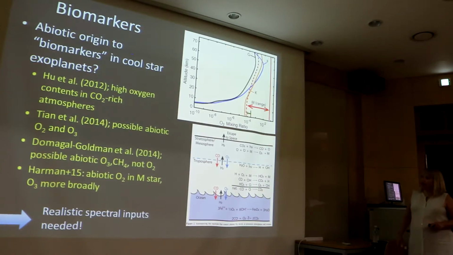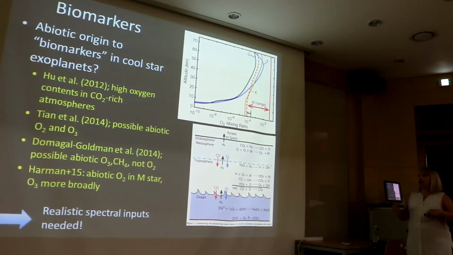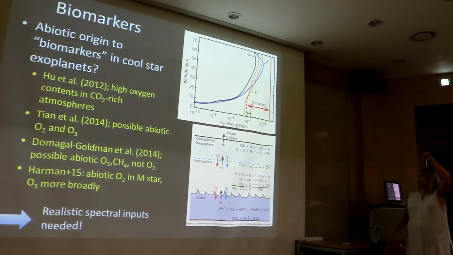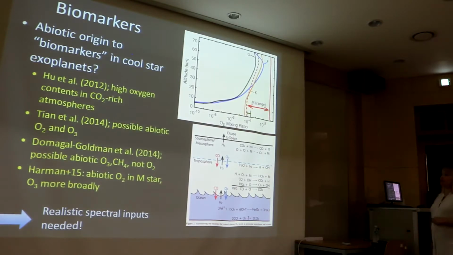It depends a lot on whether or not there's an ocean, because oceans can sink CO and O2 and release H2 to form water and other molecules in the atmosphere. That won't happen if you don't have an ocean. So we need to have many stars where we understand what type of light is coming down so that we can model what happens in different systems.